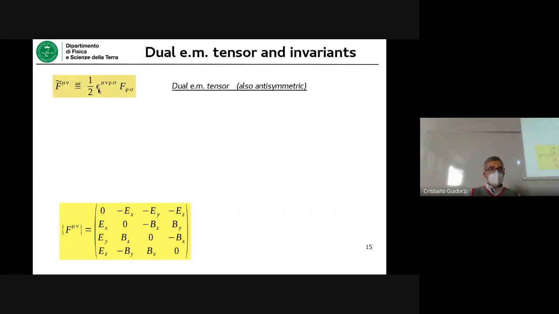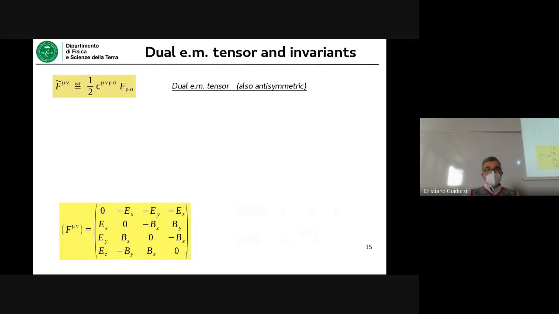I call the dual F tilde mu nu, which by definition is the contraction of the electromagnetic tensor itself with the Levi-Civita tensor, which is a rank 4 tensor. So a rank 4 tensor contracted with a rank 2 tensor gives a rank 2 tensor.